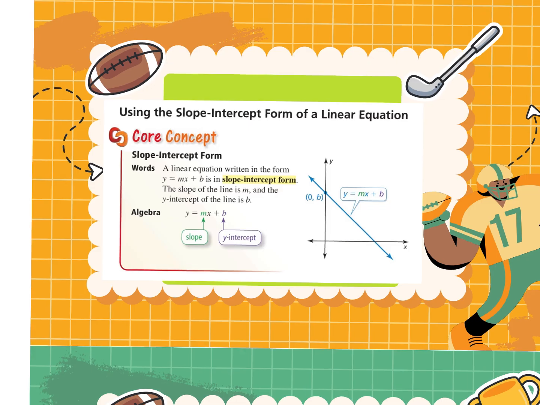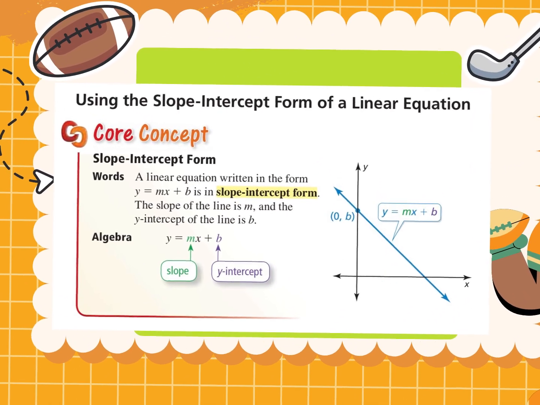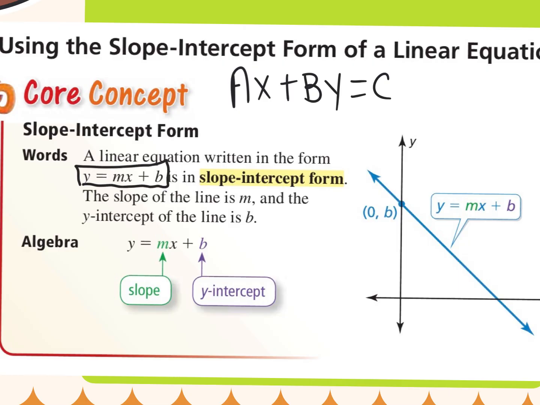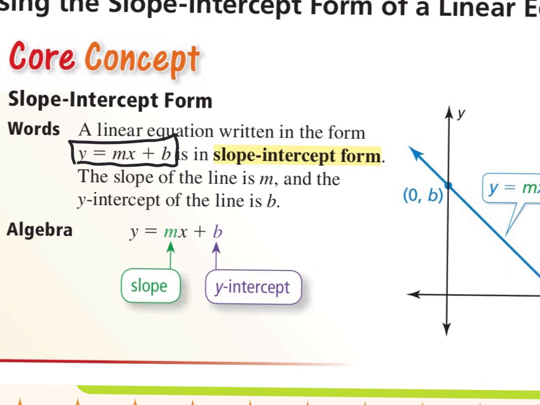If you look, we haven't even talked about what actually slope-intercept form is. Slope-intercept form, the same way that standard form is ax plus by equals c, is right here: y equals mx plus b. The y and the x will stay y and x, but the m and the b will be replaced with numbers.